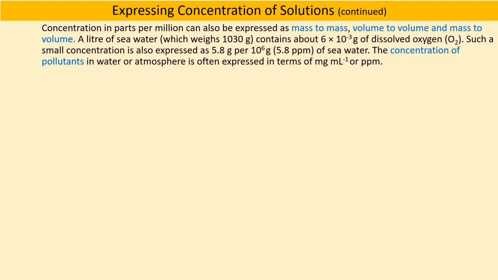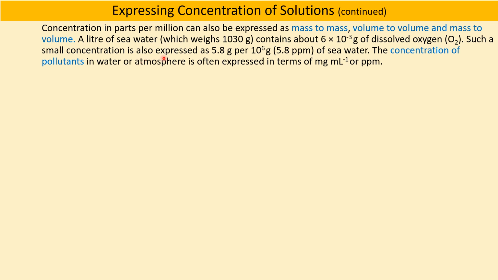We'll continue with the topic expressing concentration of solutions. Concentrations in parts per million can also be expressed as mass to mass, volume to volume, or mass to volume. For example, a liter of seawater which weighs about 1030 grams contains about 6 into 10 to the power of minus 3 grams of dissolved oxygen.